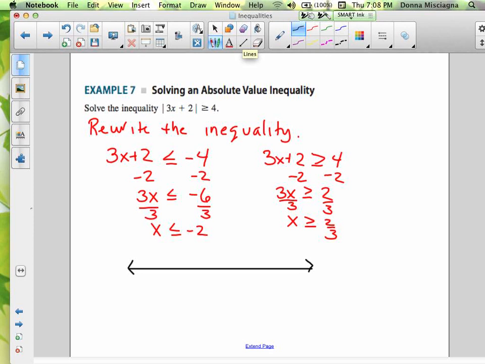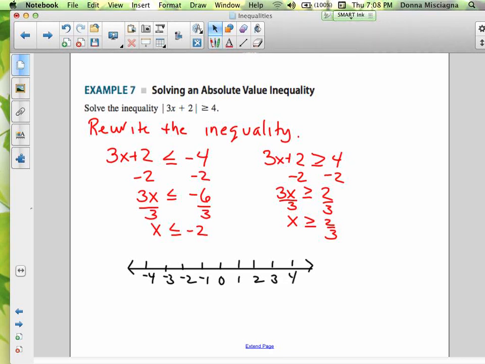So our solution, and let's see, I'll just start at -4. -3, -2, -1, 0, 1, 2, 3, 4. So we have a closed circle at -2, right? Because there's an equals, so equals is closed circle.